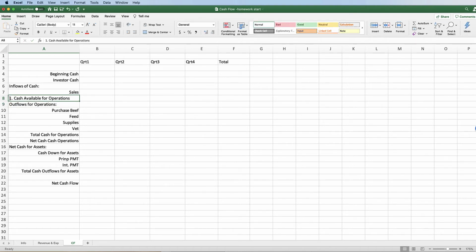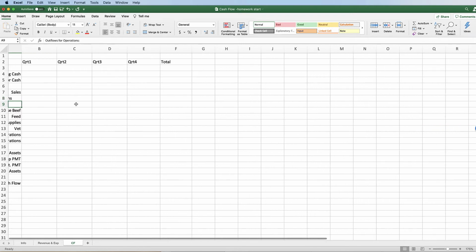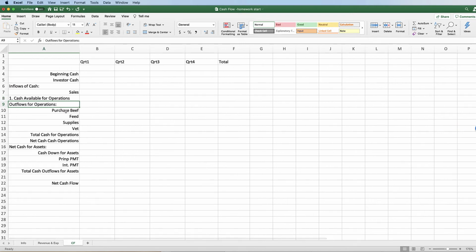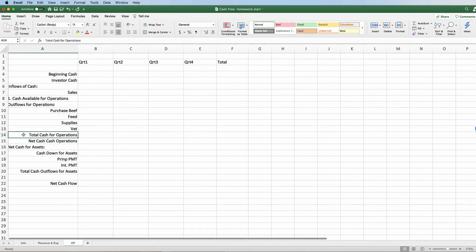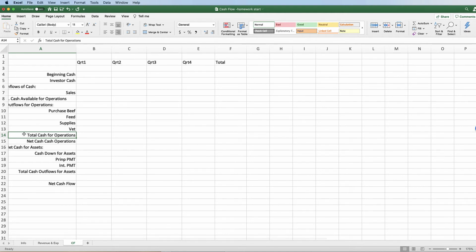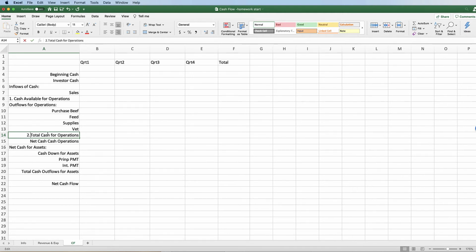Now, after that, we need to look at where we're going to spend the money. And that's going to be outflows. And we're going to buy the beef, we're going to feed them, supplies, vet medicine, and then you're going to end up with basically a total cash for, I'm going to put number 2 there, our operation. All right. Number 3 is that sometimes we need cash for assets. So I'm going to put in number 3 there.